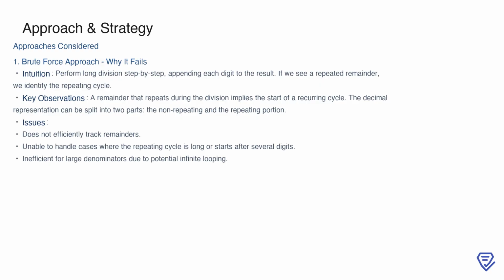For one, it doesn't efficiently track the remainders, making it cumbersome to detect the recurrence accurately. Additionally, if the repeating cycle starts after many digits or is particularly long, the method becomes inefficient and prone to infinite loops. Lastly, for large denominators, the approach struggles with performance, making it impractical for real-world scenarios. These limitations prompt us to explore more robust strategies.